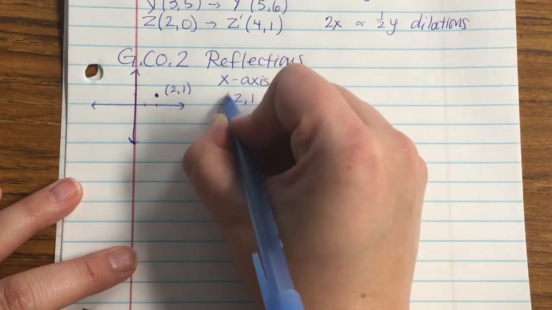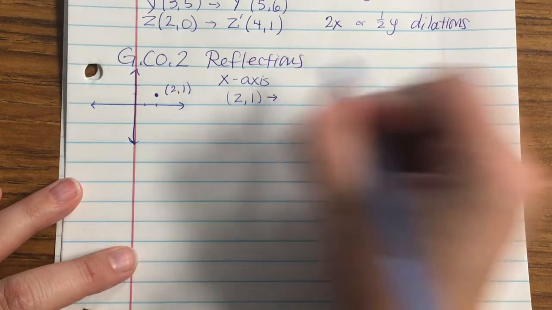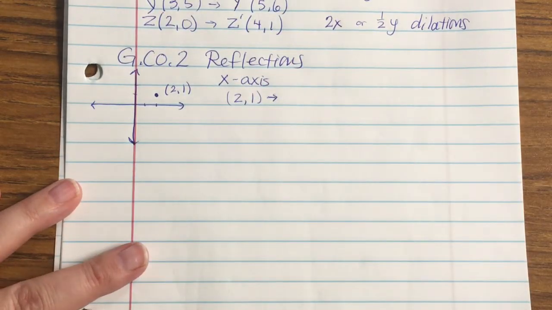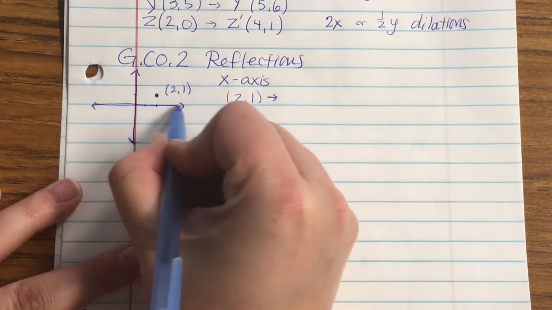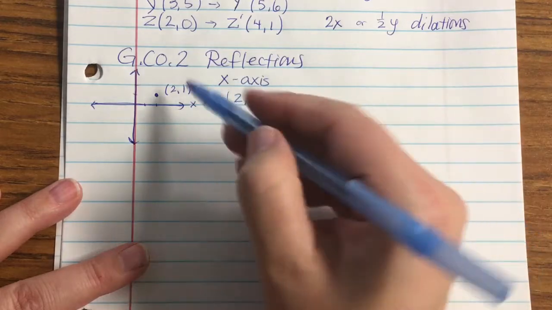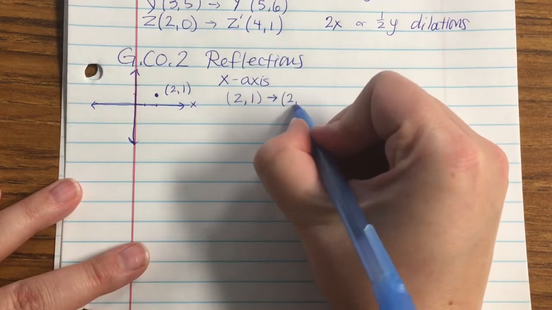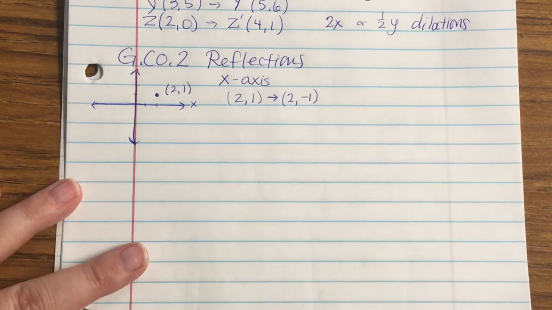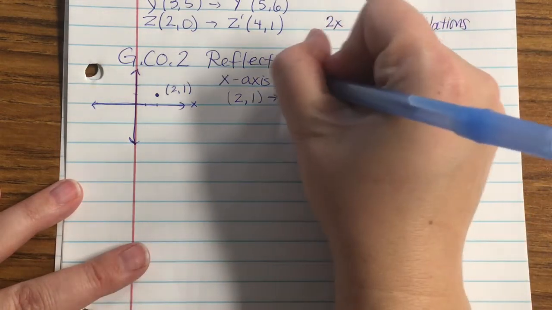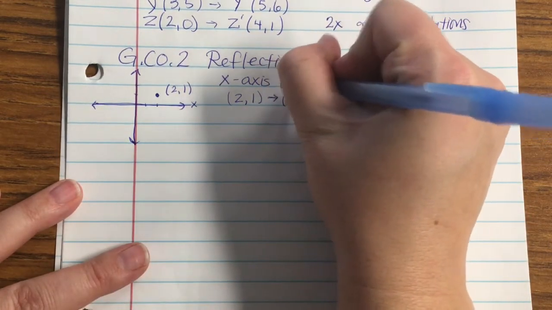What would it become? This is the x-axis right here, so it would be 2, negative 1. What changed when we reflected it across the x-axis? The y.